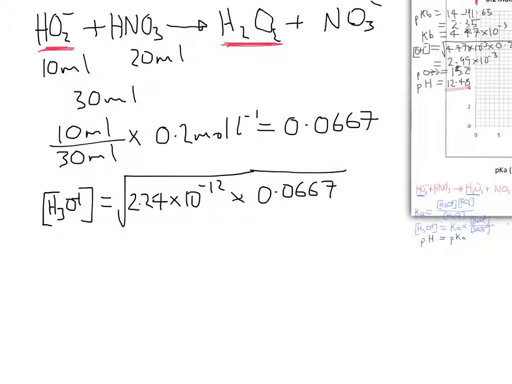Remember, that is the concentration of my weak acid at the equivalence or end point. That ends up being 3.86 times 10 to the negative 7, okay, and that gives me a pH of 6.41. Okay, so that there is my final calculation for the end point or the equivalence point.